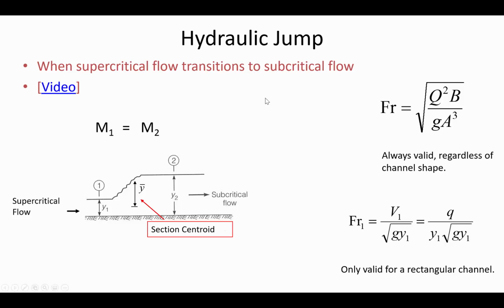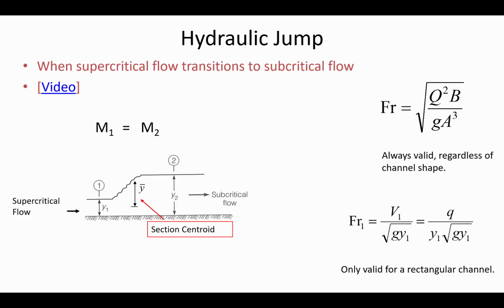Now, to calculate what the new downstream depth is going to be, it's often valuable to be able to calculate the magnitude of the Froude number upstream. In other words, how supercritical is it? Remember, anytime the Froude number is greater than 1, that indicates supercritical conditions.